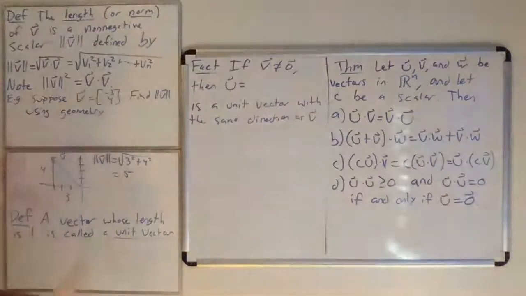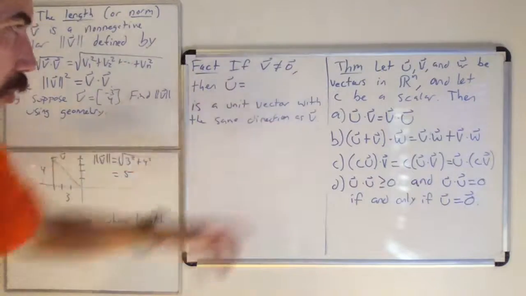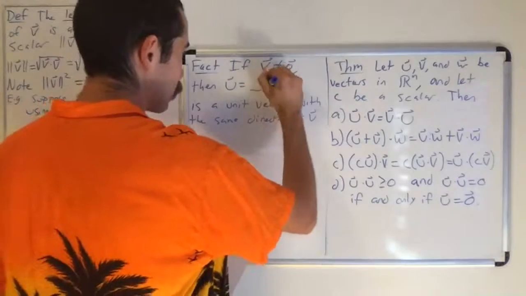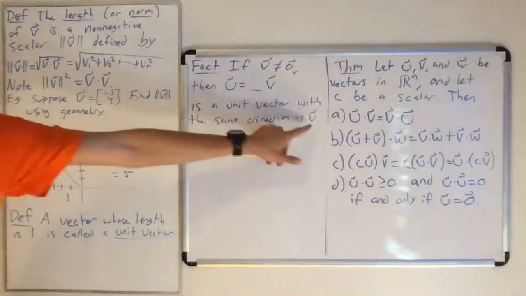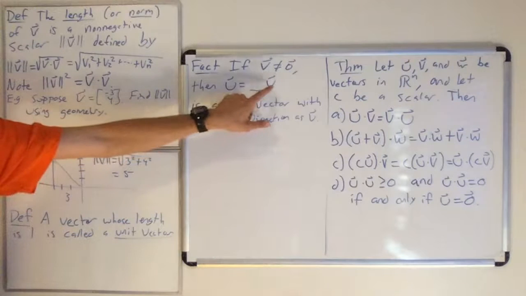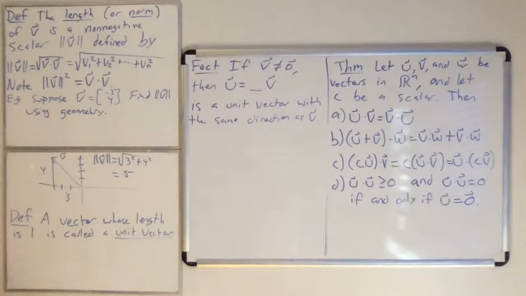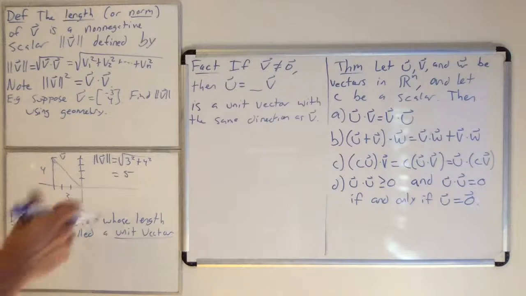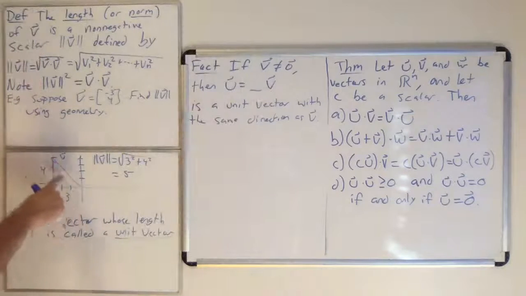Okay, so what scalar do we have to multiply V to? So basically U equals some number times V, right? We want to scale V such that we make it a unit vector. What do we multiply V to make it a unit vector? All right, so the question is, we have some vector V, maybe it's this vector here.